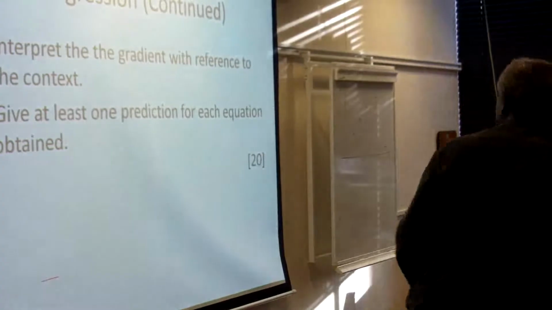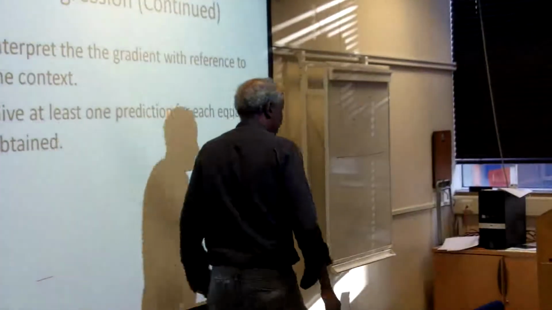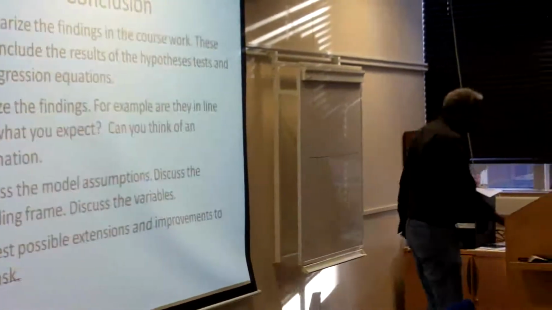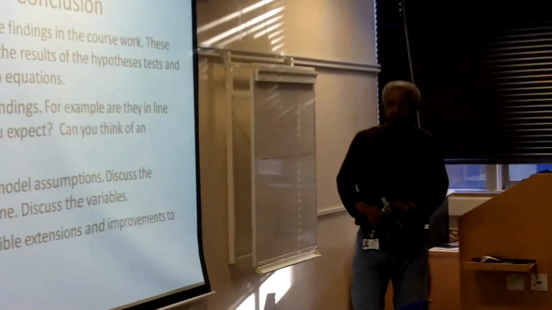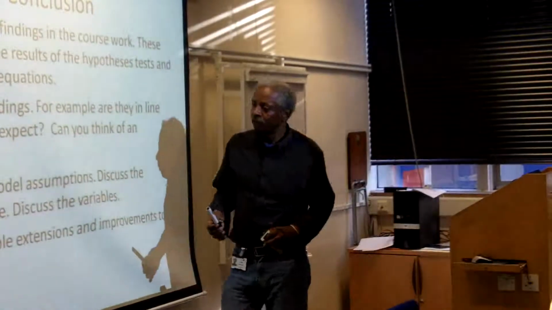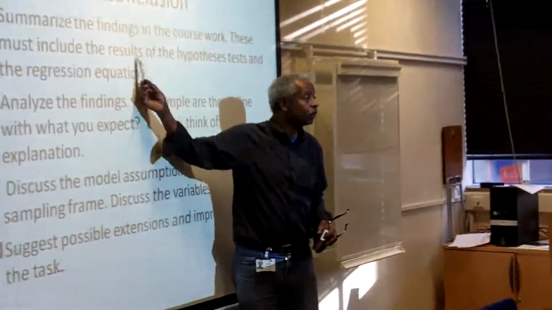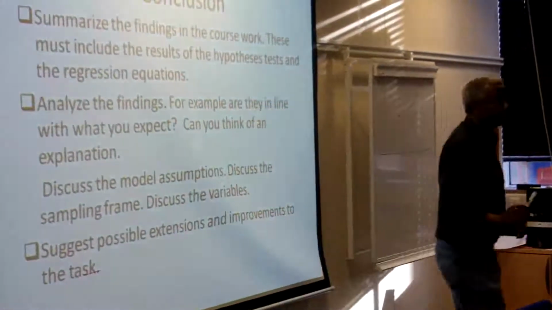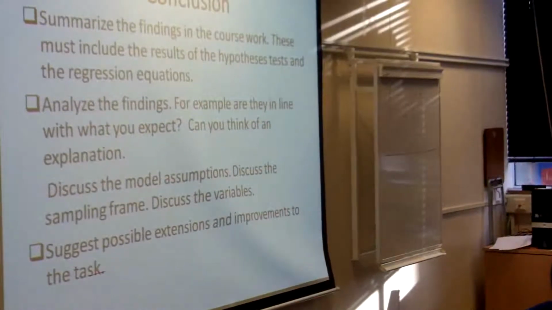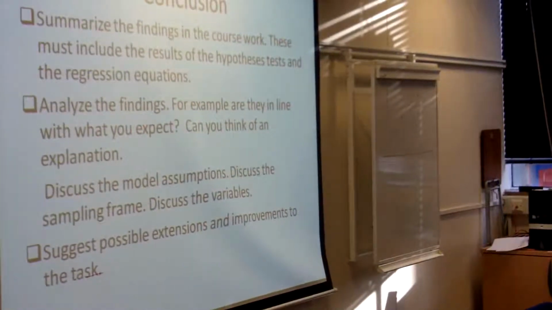Can we just try to go on to the conclusion bit? First of all, before I go into details of what these bullet points are, let me try to tell you a few things about this coursework itself.